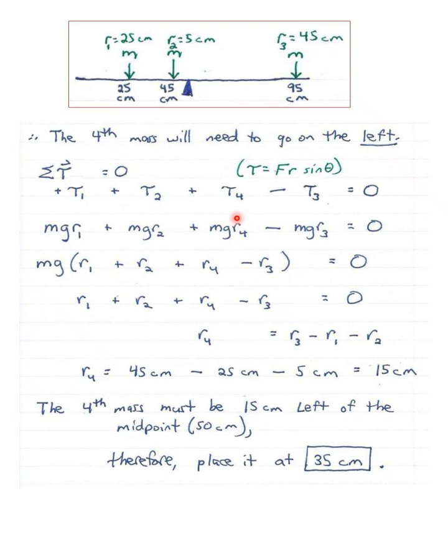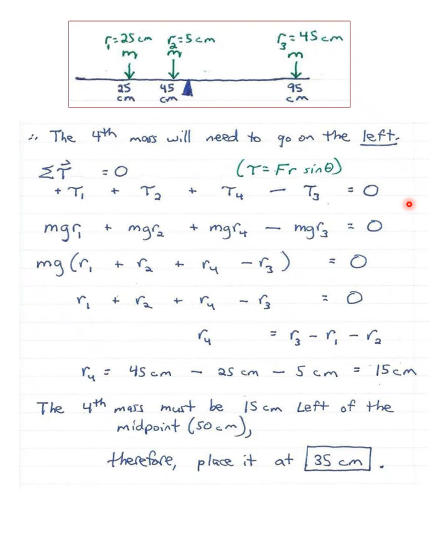Now I've made that a plus because I'm assuming, as I found on the last page, that it's going to need to go to the left. It's going to be on the left, so a positive torque. Now the third one is on the right.